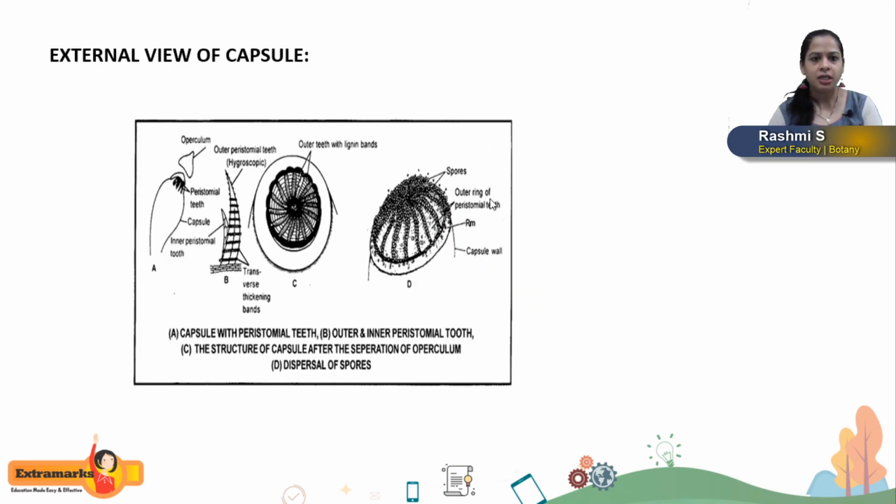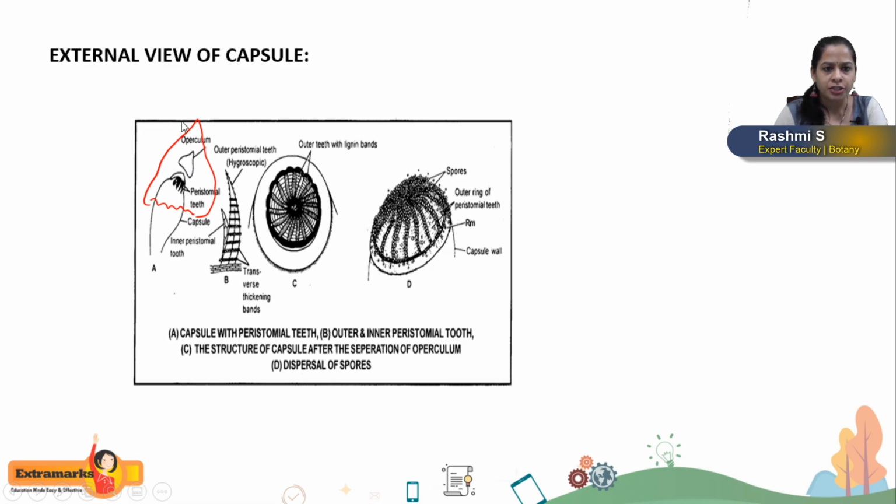You can see the operculum, the door of the capsule, and this will in turn be surrounded by the calyptra, which is actually the part of the venter.